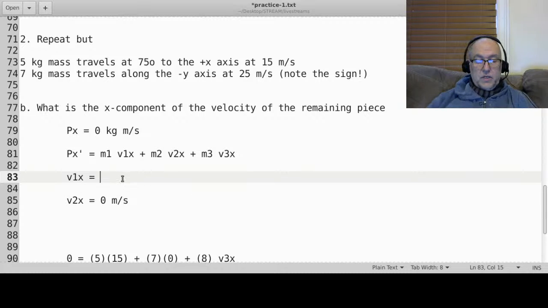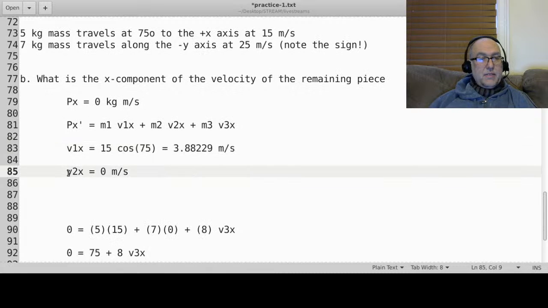So this one is going to be 15 meters per second, cosine of 75 degrees, and that's going to equal this number right here, in meters per second. Too many digits, but that's okay. We'll round off at the end.